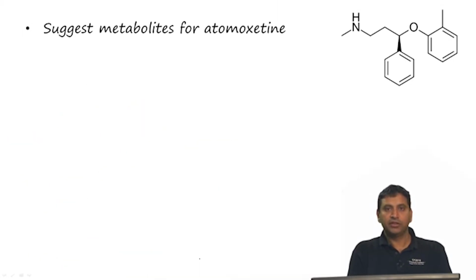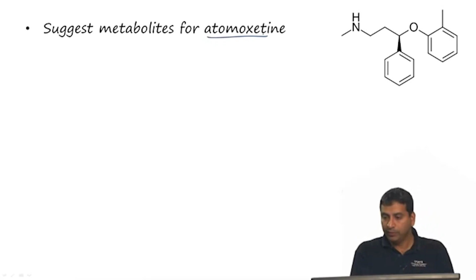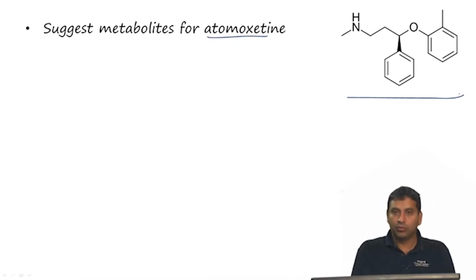The next question is, suggest the metabolites for atomoxetine. Okay. So, this is the molecule over here, and here is the structure of this molecule, and again we would be able to suggest that some of the functional groups that can be playing a role here is the amine.